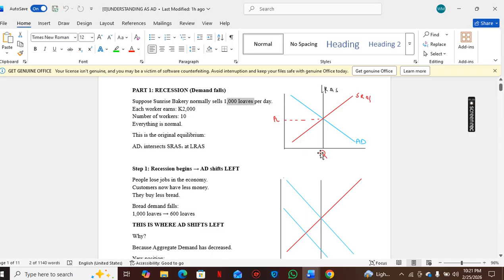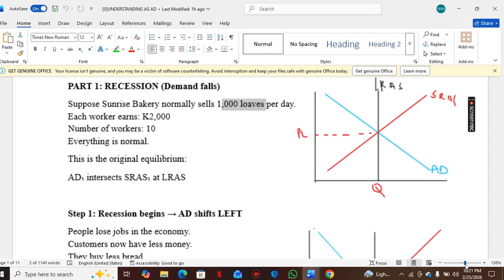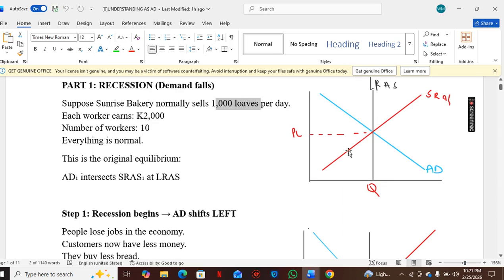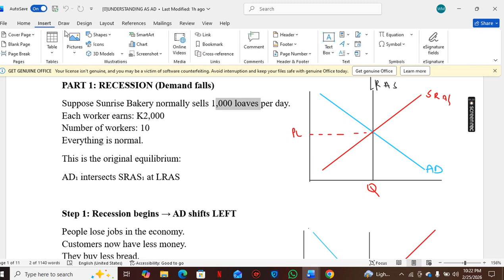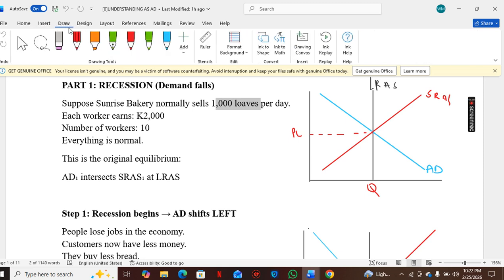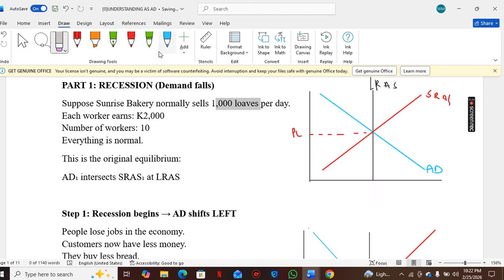So here in our aggregate demand, aggregate supply curve, 1,000 loaves.